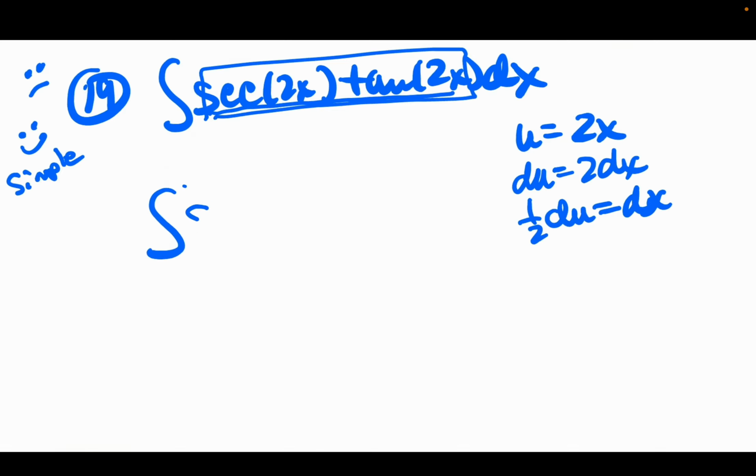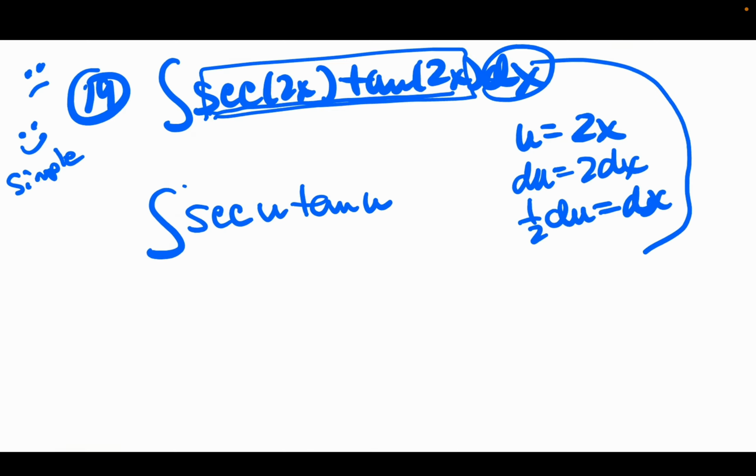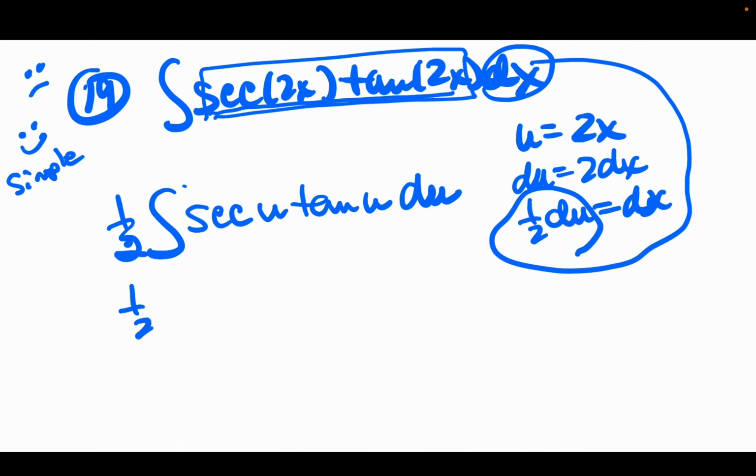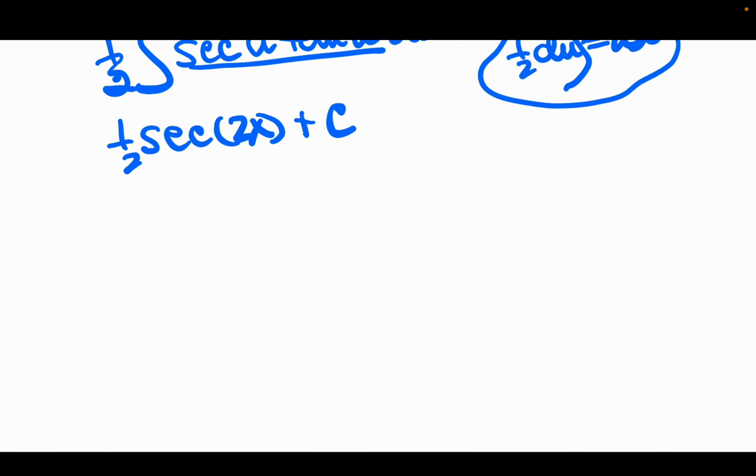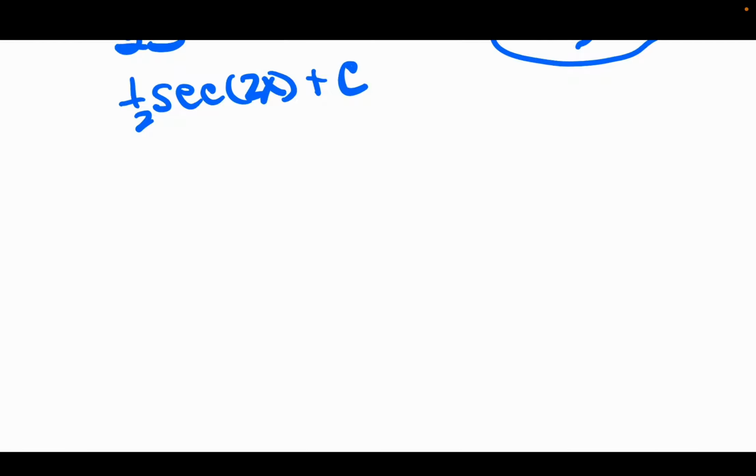So this gives me secant of 2x, tangent u, and dx is right here, 1/2 du, is the way I work them. The antiderivative of secant tangent is secant u plus c. And if you never had numbers, you just go back to do that, and you have 1/2 secant 2x plus c. You don't have to check them, but you could if you wanted to, but I'm checking the answers.